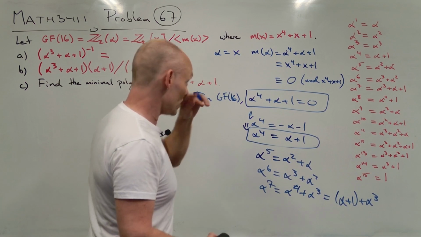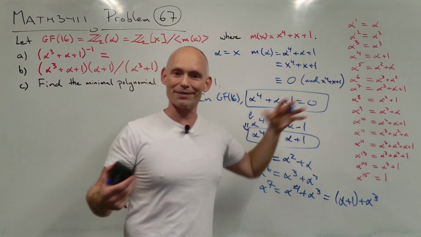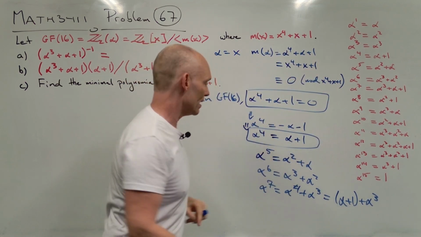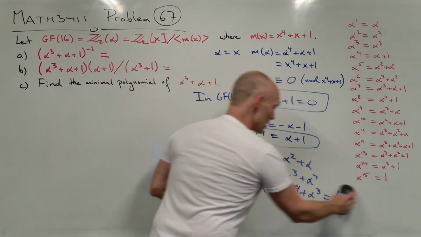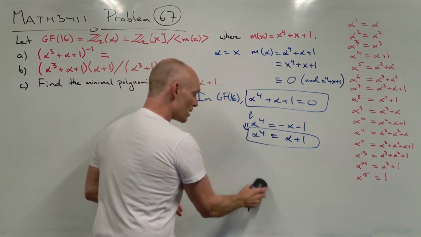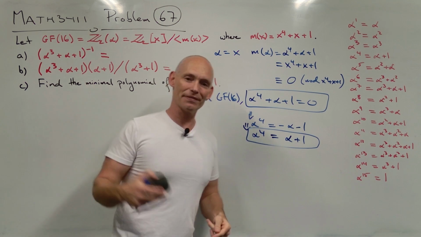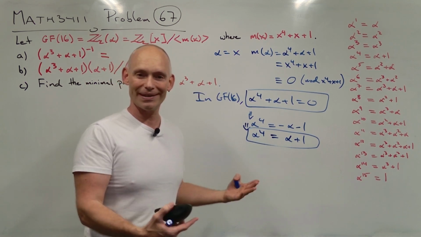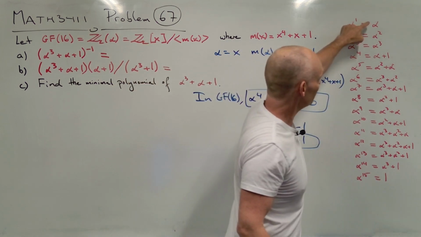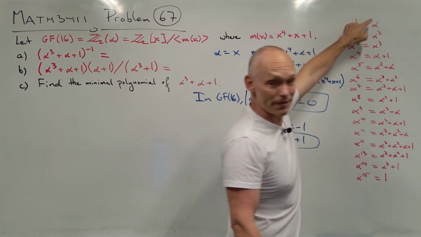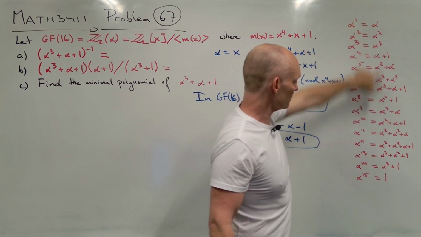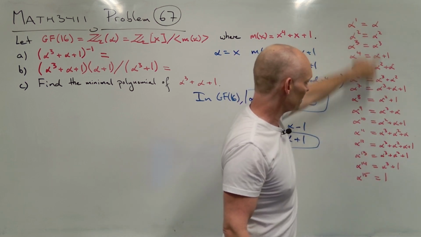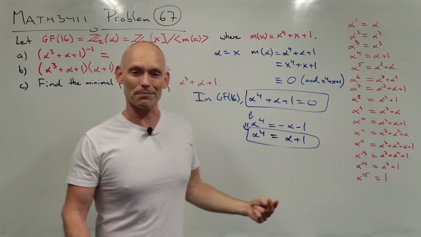So I said that this had something to do with the multiplicative properties of this field. And what I really meant there was that I want to create a times table for all the elements in the field here. And we can express those elements as those binary polynomials. And you'll see over here, if you have a careful look, all of the non-zero binary polynomials of degree up to 4 are in fact listed here in some order.